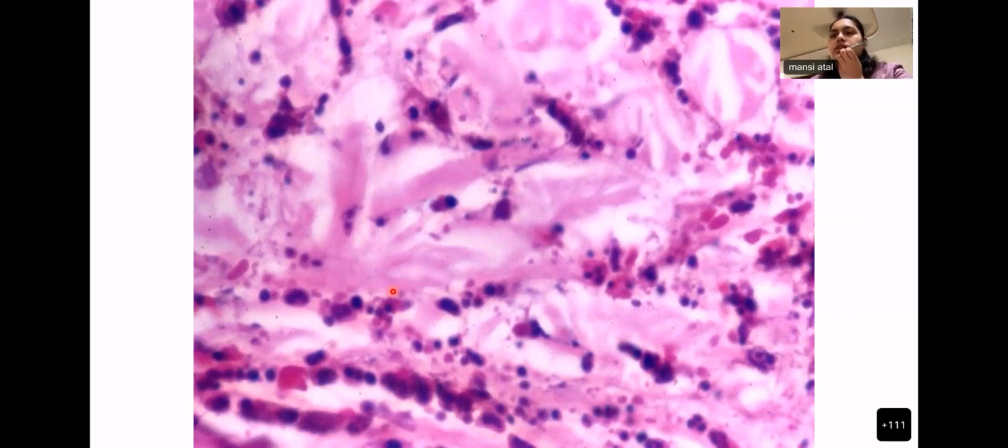We can see many degenerated neutrophils and mast cells, lymphocytes, plasma cells, suggestive of nuclear dust, along with many or few extravasated RBCs. These features are consistent with leukocytoclastic vasculitis. Okay.